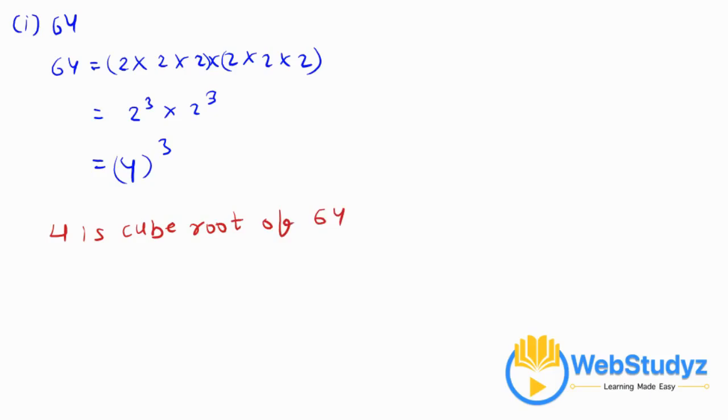Again, move on to the second one, which is 512. So we have the factors of 512 as 9 times 2.